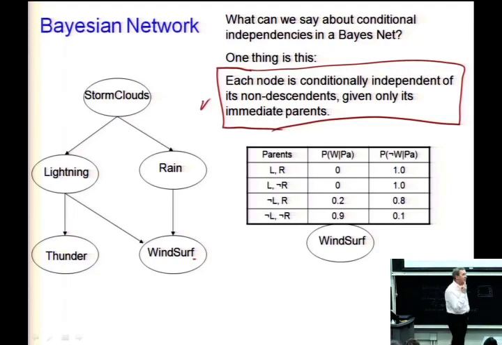So is storm clouds a non-descendant of windsurf? According to this rule, is storm clouds conditionally independent of windsurf given rain and lightning? Yes. Storm clouds is not a descendant in this directed graph of windsurf, and so given the immediate parents, lightning and rain, windsurf is independent of storm clouds.